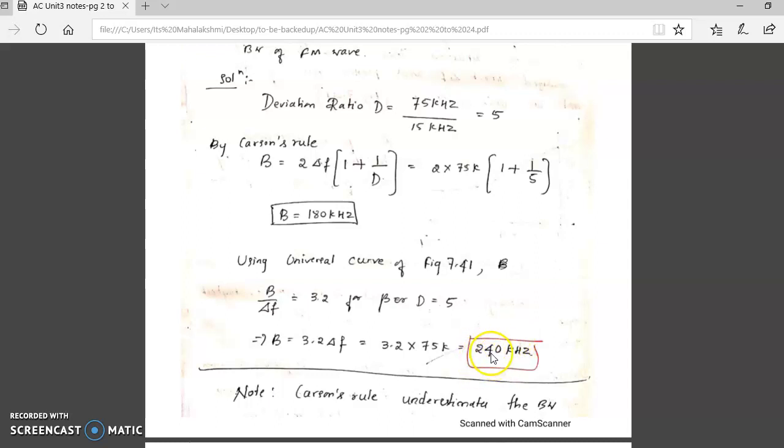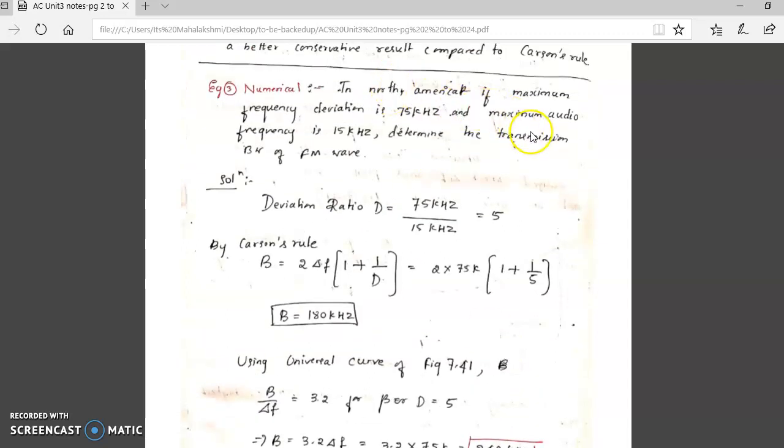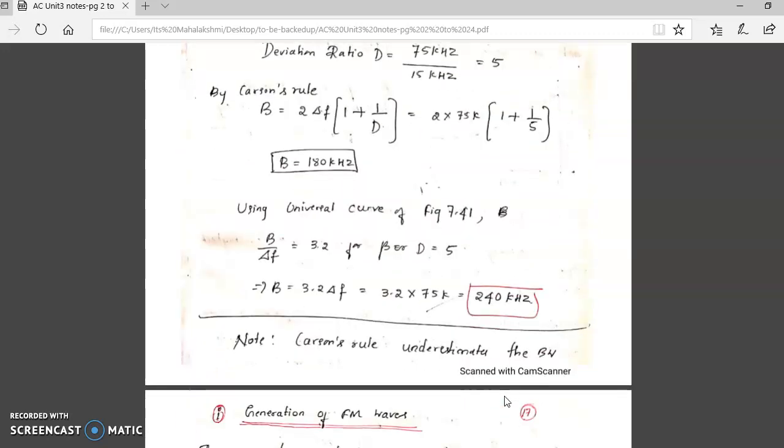So actually we require 240 kilohertz to transmit this particular audio signal. So whether it is asked or not, you have to find it in both ways. If the universal curve is not given, you can just end it here.